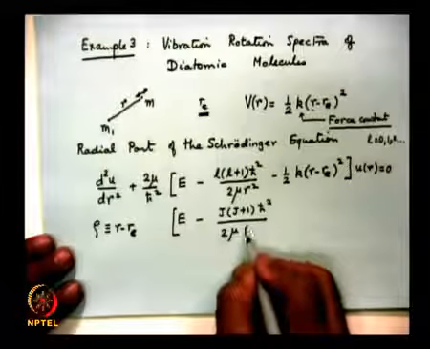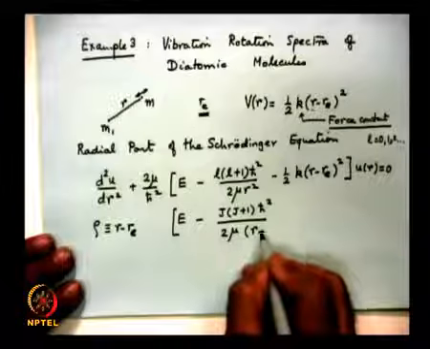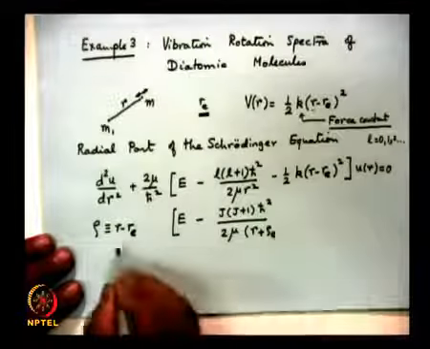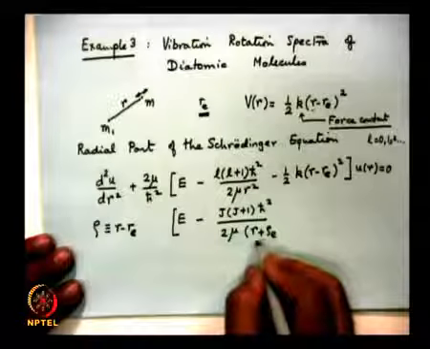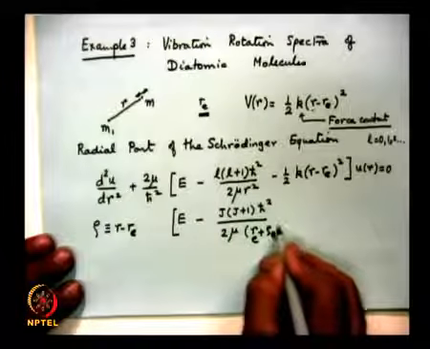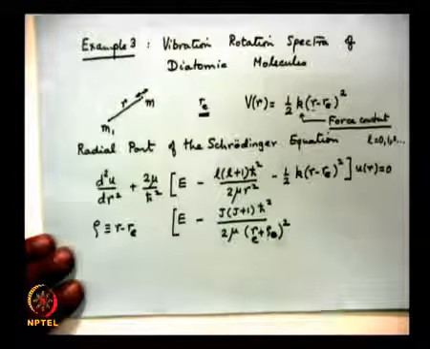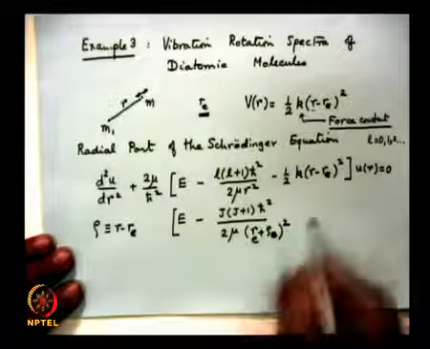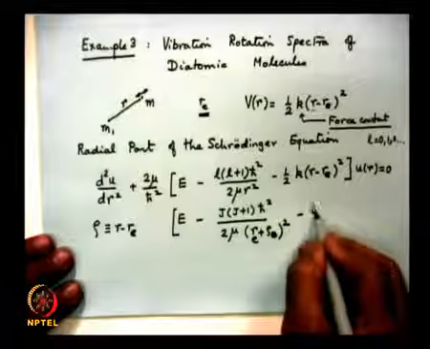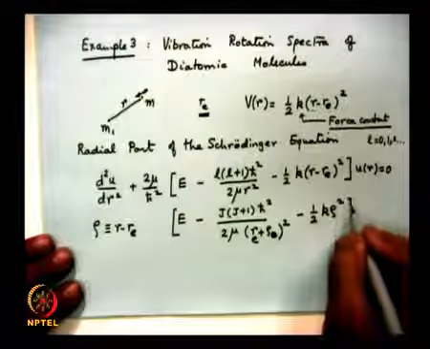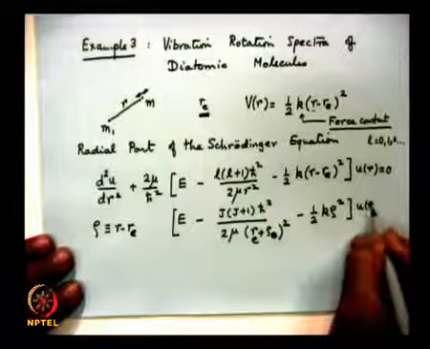r square is Re plus rho whole square. I am sorry, Re plus rho whole square. And the last term will become half k rho square u of rho.